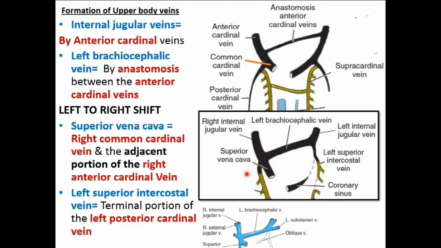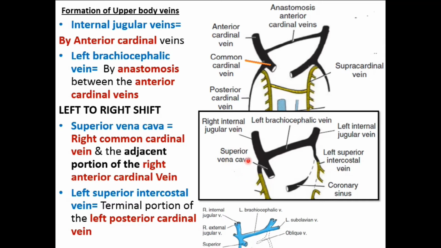So what we have done, we have seen the fate of the anterior cardinals, and then how the superior vena cava is formed, and the left superior intercostal from the posterior cardinal vein.